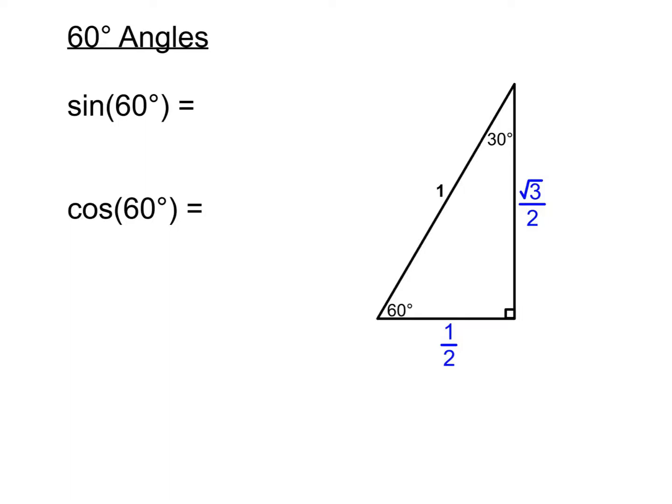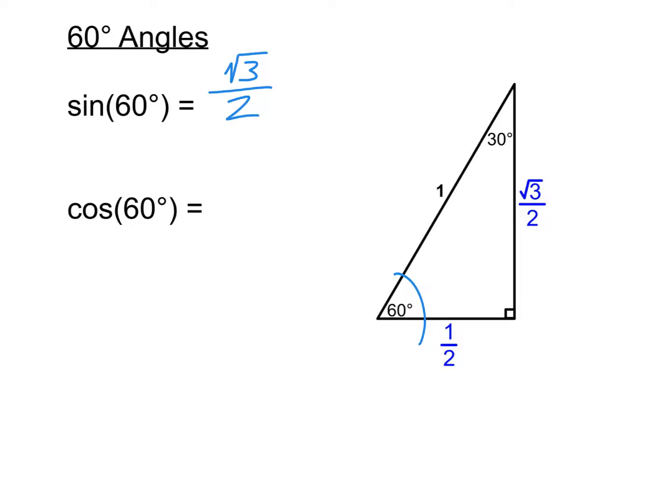What's the opposite of the 60 degree angle? That's got to be over here, right? So my opposite side length is root 3 over 2. And if it's going to be opposite over hypotenuse, my hypotenuse here is 1. But I don't really like the look of root 3 over 2 over 1, because anything over 1 is just itself. So the exact value of sine 60 degrees is root 3 over 2.